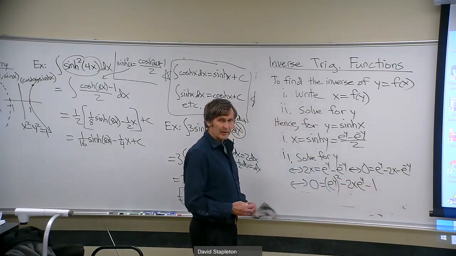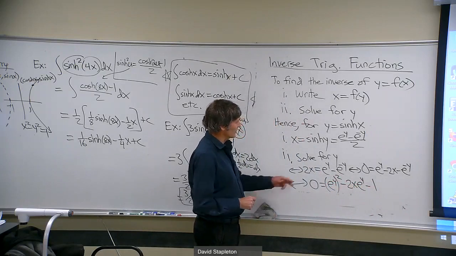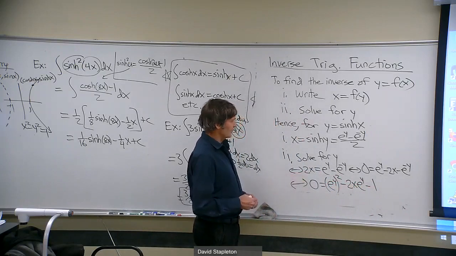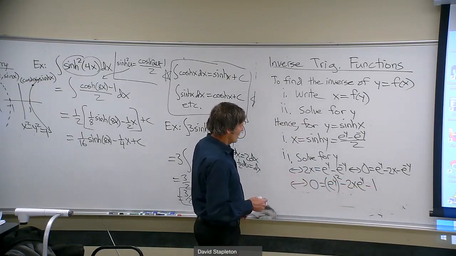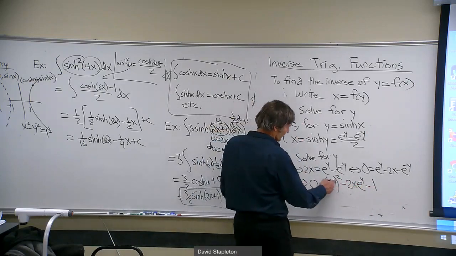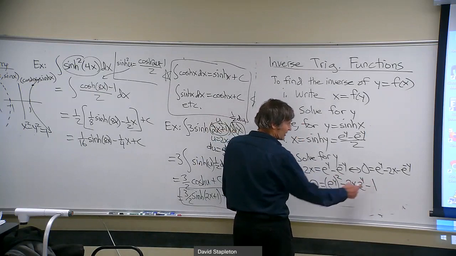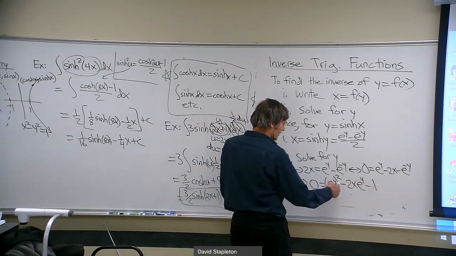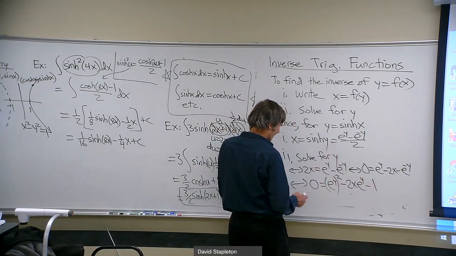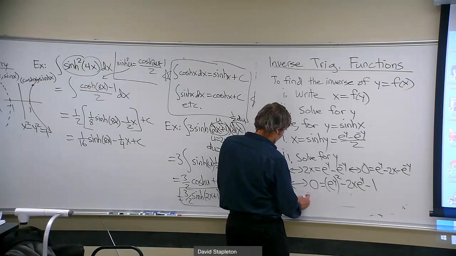And I put this up here not because I'm going to ask you this on a test, but because this is a useful technique that you'll see again. What if we put u equals e to the y, this is 0 equals au squared plus bu plus c. It's a quadratic equation in u equals e to the y. So I can solve this with a quadratic formula, right?